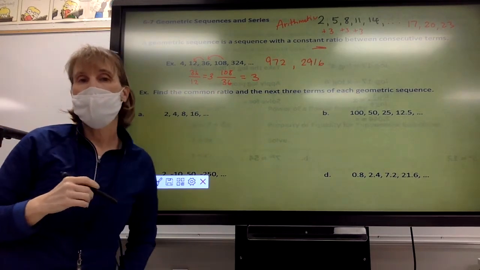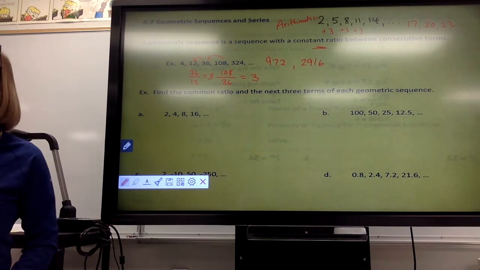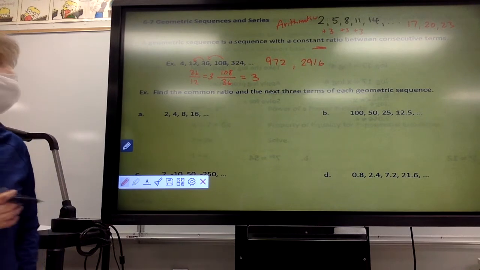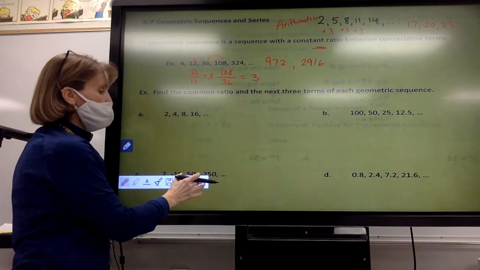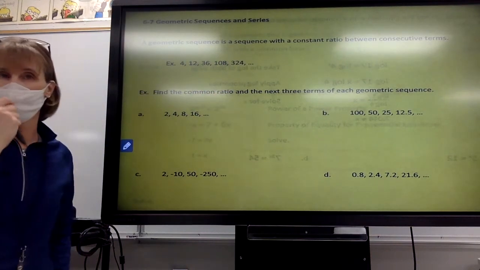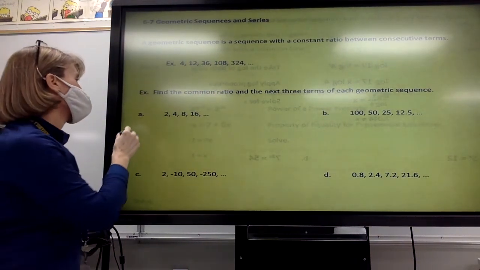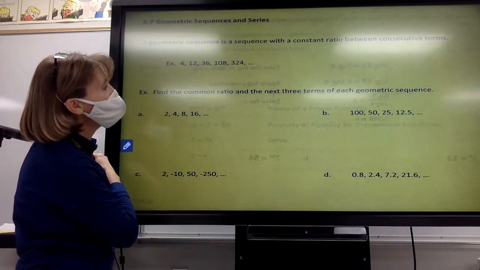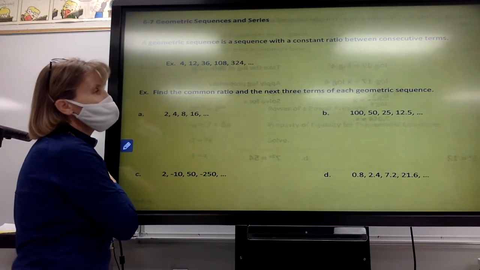So if the ratio is a fraction or decimal that's hard to spot, you can always find it by picking any number in the sequence and dividing it by the one in front of it.